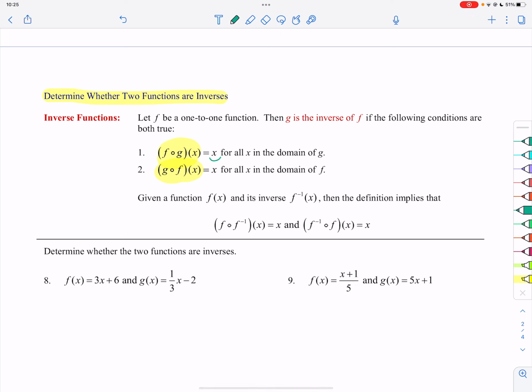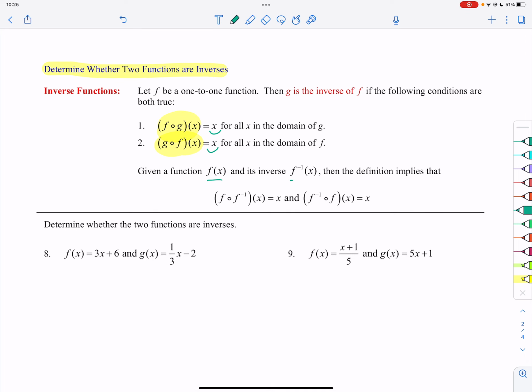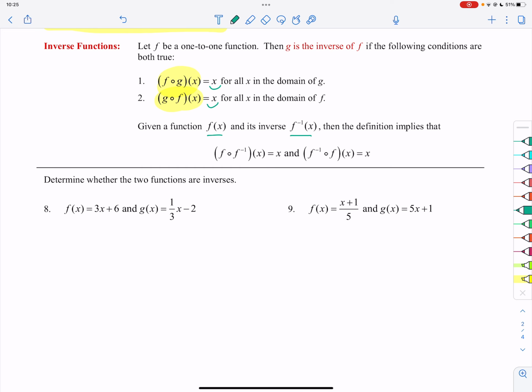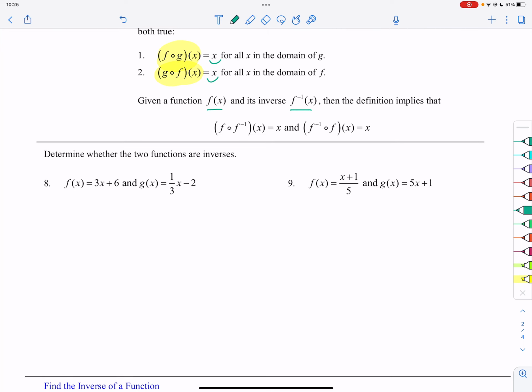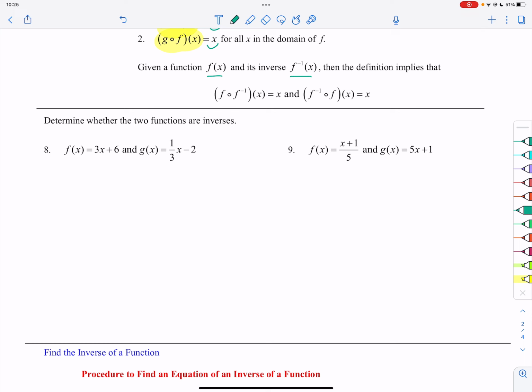We want to make sure both of those are equal to x for all x in the domain. Given a function f of x and f inverse, we imply that f composed with its inverse is x and vice versa. So in number 8, we'll determine whether the two functions are inverses of each other.